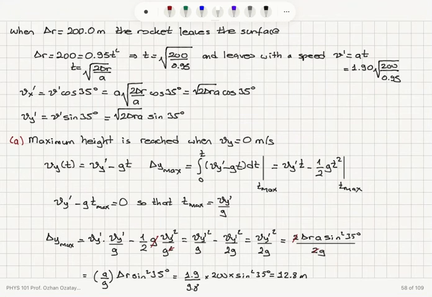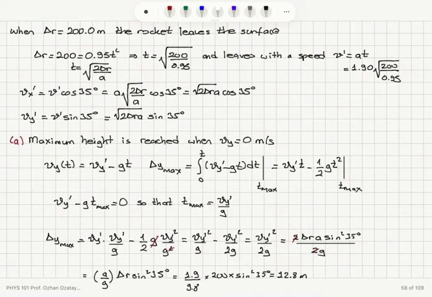For the maximum height reached, I have reset my timer. Now I'm counting from t equals 0 to t max. When I reach the maximum height, the y component of velocity equals 0, so dy/dt will be equal to 0. That's the extremum point. And vy as a function of t is its initial y component, vy prime, minus gt, because we only have gravitational acceleration at this point.